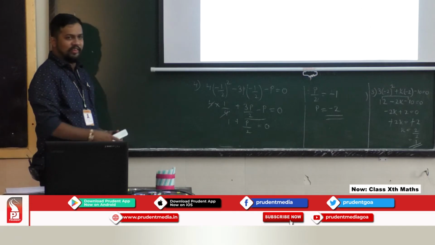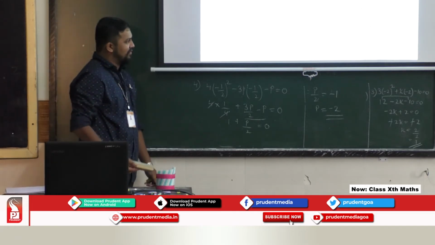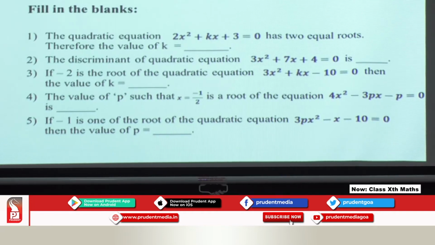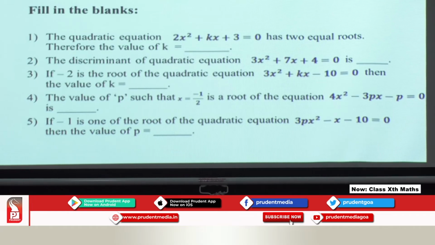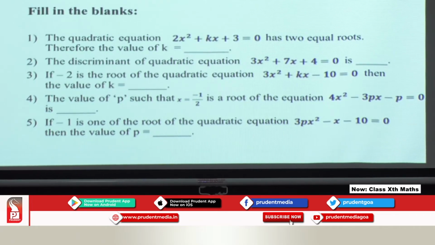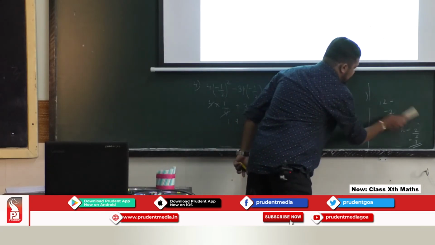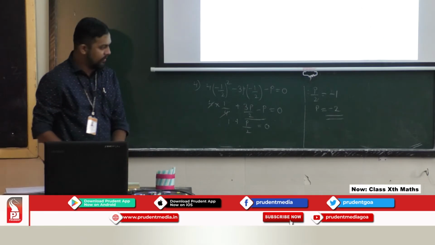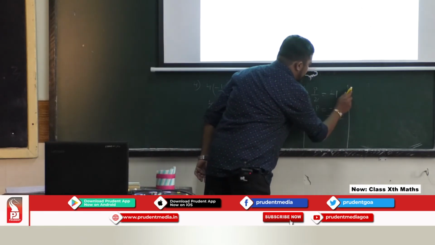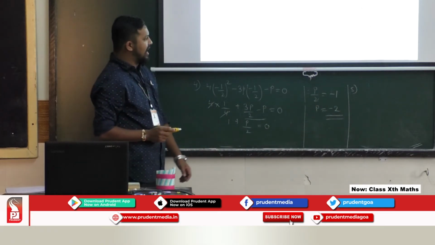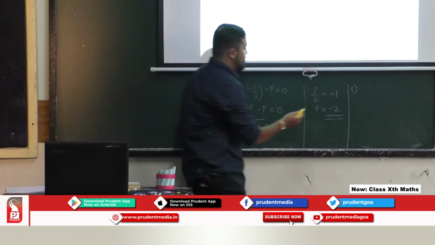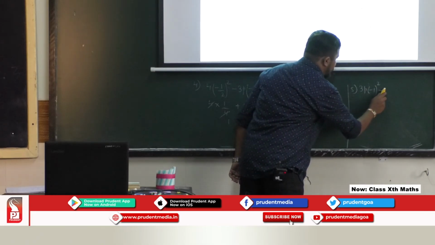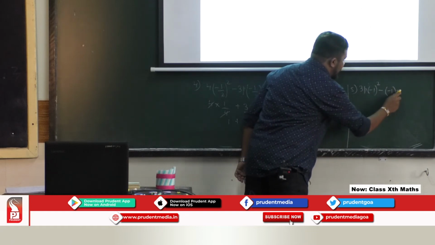If you know the fourth one, it will be very easy to solve the fifth one for you. So fifth one is saying if minus 1 is one of the roots of the quadratic equation 3p x square minus x minus 10 equal to 0, then the value of p is dash. Okay, so let us find. Wherever x is there, I will substitute minus 1. So 3p minus 1 the whole square minus 1 minus 10.